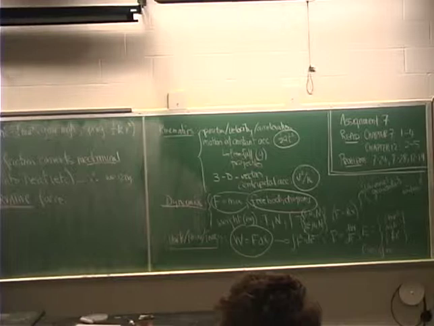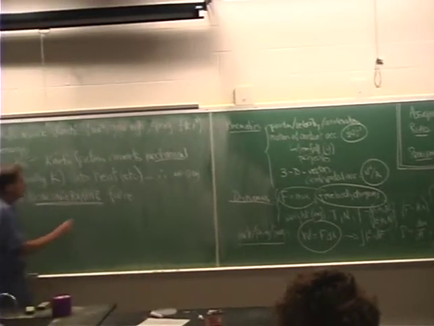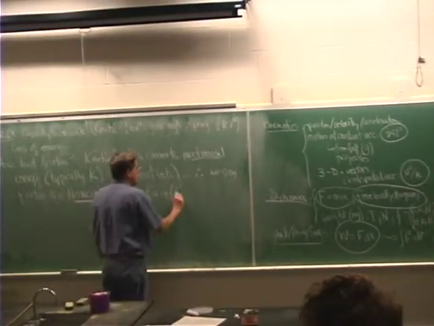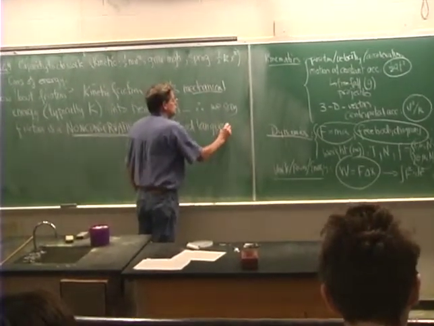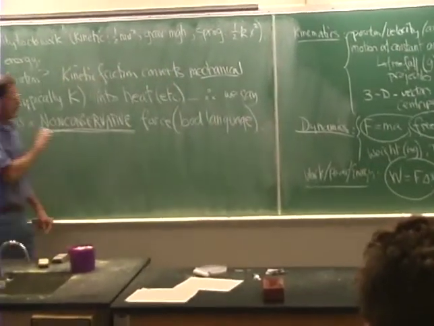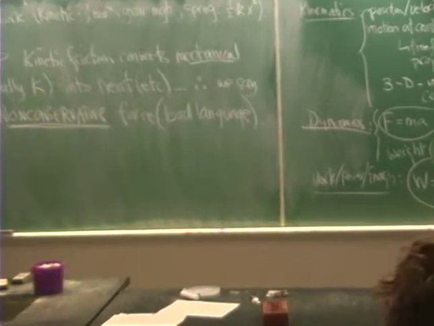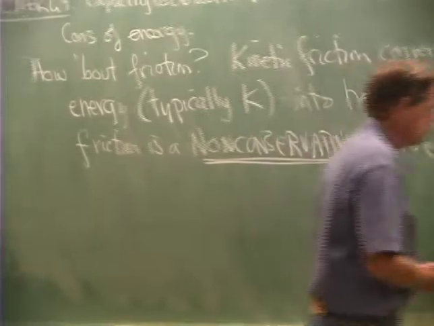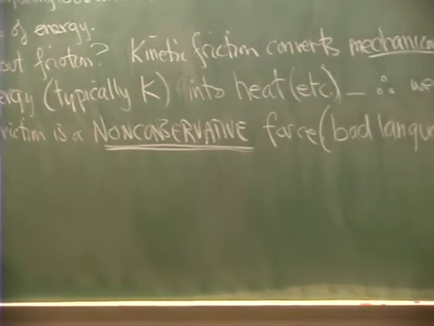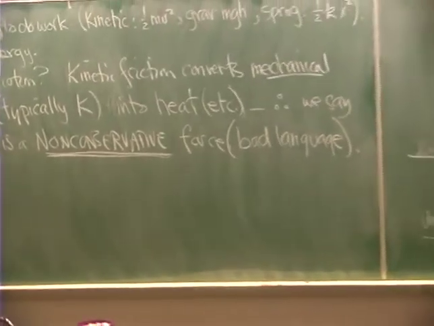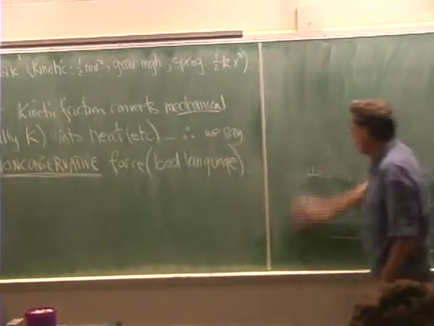We say friction is a non-conservative force. Bad language, but we'll polish it up, and you understand what it means for the moment. So I confront now a very subtle question.